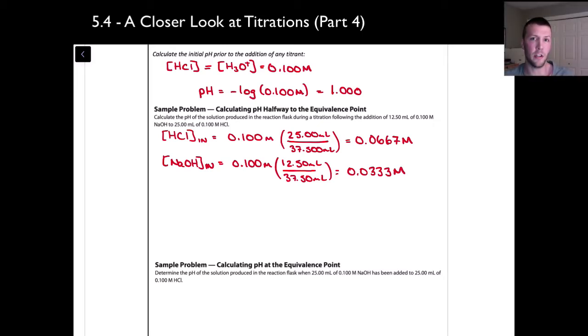Once I have my initial concentrations of my acid and base, I'm going to set up an ICE table.